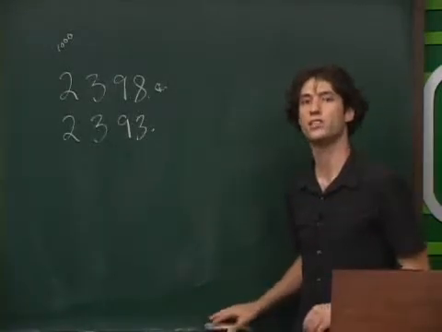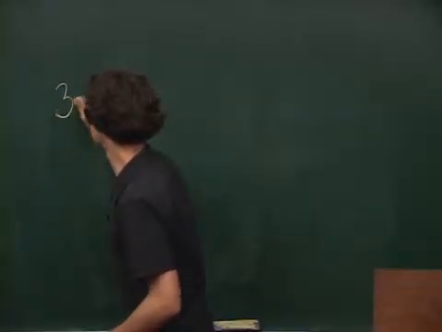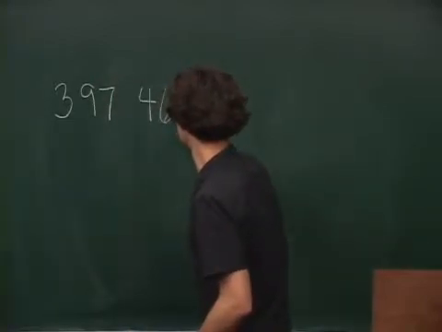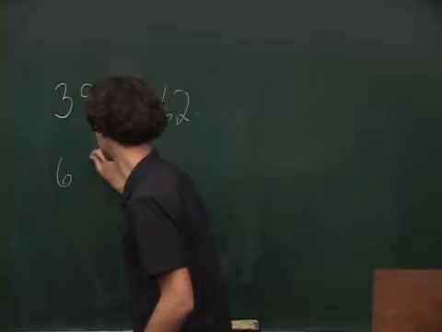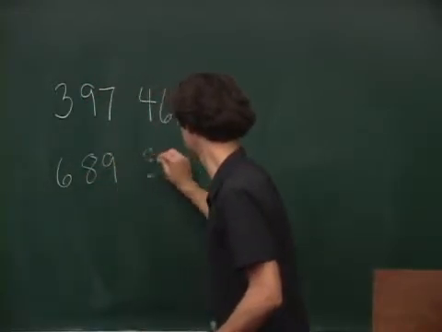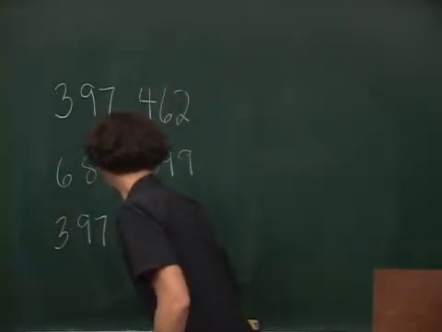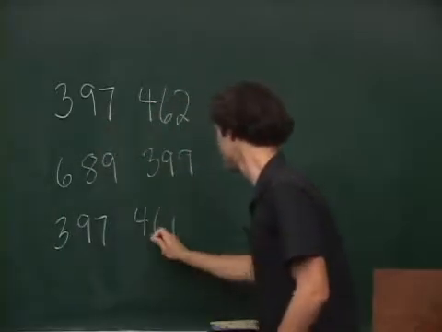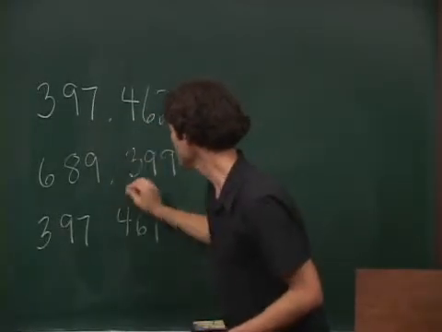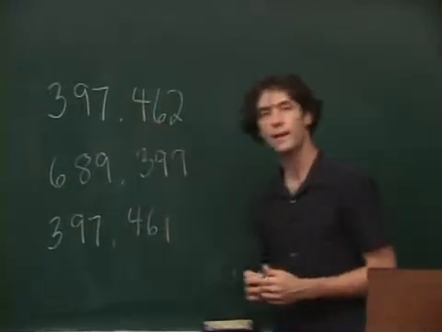Now, I'll put another one just to test you. Okay, now I have 3 numbers on the board. If you want, you can put some commas there to split up the thousands and the ones.